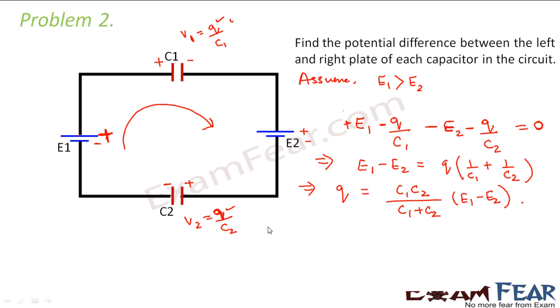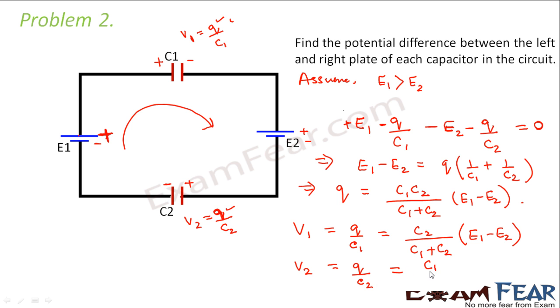So this is the value of Q. Now once I have calculated the value of Q, I can find out V1, that is the potential difference for the first capacitor. So V1 will be Q divided by C1, that is equal to C2 divided by C1 plus C2, into E1 minus E2. Similarly, I can calculate the potential difference across the second capacitor, that is C2. So that will come out to be Q divided by C2.